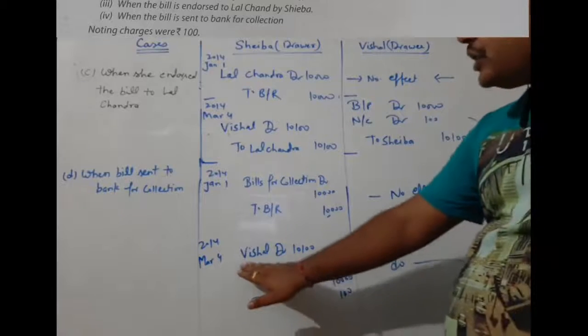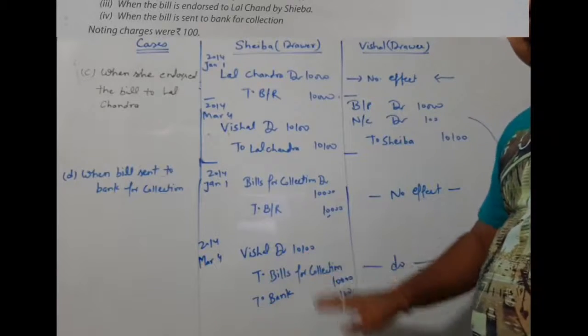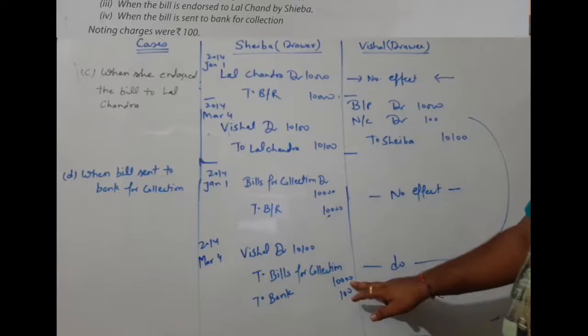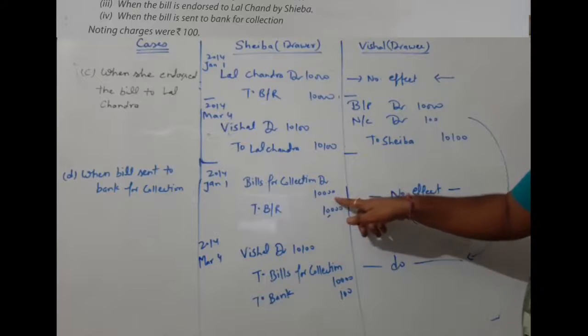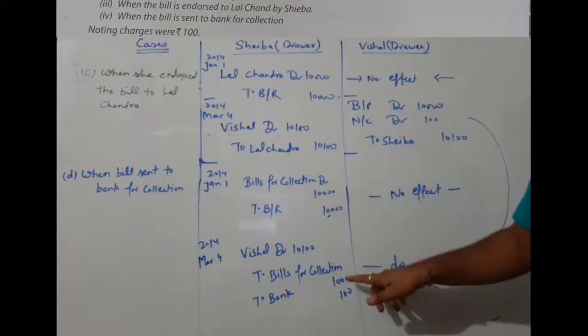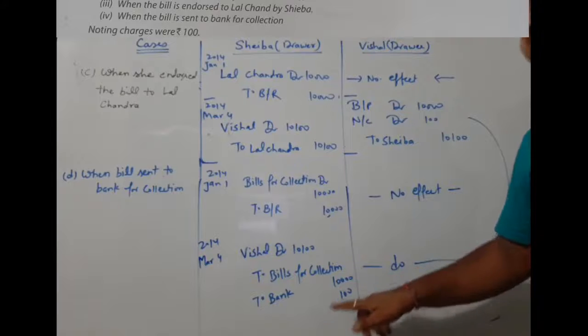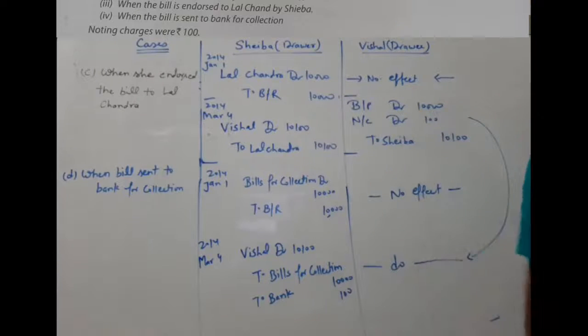So the entry will be Vishal account debit 10,100 and 10,000 recovered from bills for collection, because bills for collection account debit कितने से हुआ 10,000. तो जब ड्यू डेट पे पेमेंट नहीं हुआ बिल का, तो बिल फॉर कलेक्शन क्रेडिट कितने से होगा 10,000 से, और बैंक मेरे बिहाफ पर ₹100 पे कर देगा, जो मेरे बैंक अकाउंट से वो कट कर लेगा. आप सेकंड केस में भी देखोगे, जब भी बैंक नोटिंग चार्जेस पे कर रहा है, सो सिचुएशन में बैंक अकाउंट क्रेडिट हो रहा है. सो बिल्स फॉर कलेक्शन की कंडीशन में भी बैंक को ही नोटिंग चार्जेस देना है, और बिल के डिस्काउंट के केस में भी नोटिंग चार्जेस किसको देना है, बैंक को ही देना है.